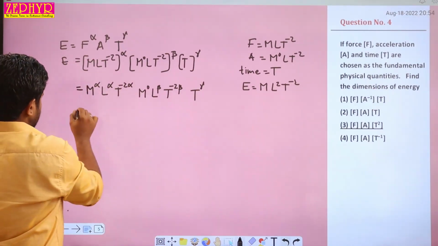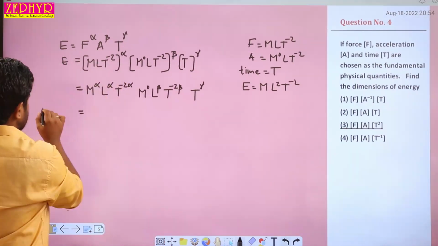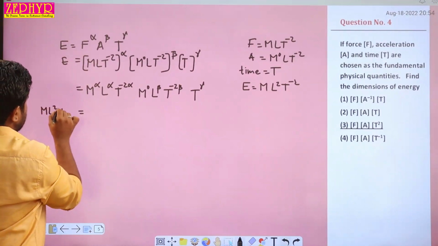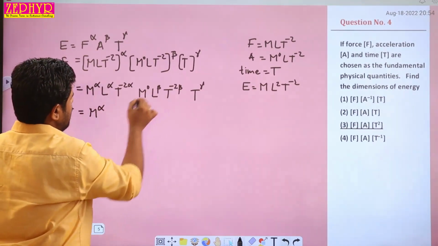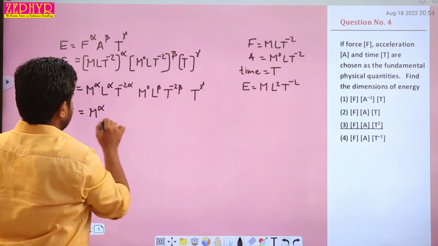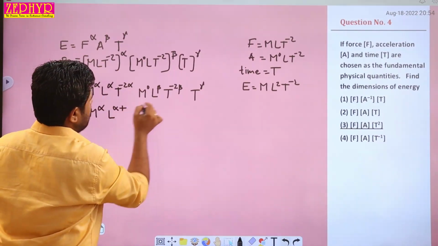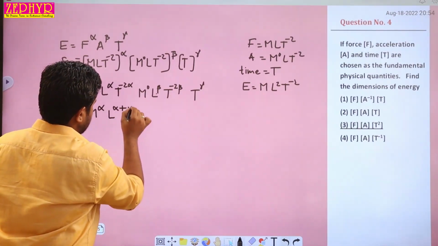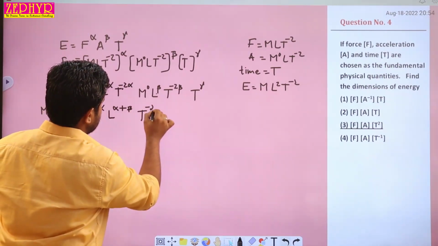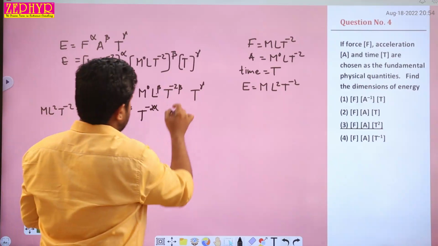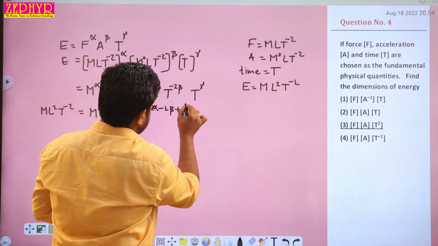Okay, so now, we know the dimension of energy is equal to m L square T raised to minus 2. So m L square T raised to minus 2 is equal to m alpha, and there is no other m, so m alpha, L alpha plus beta, then T raised to minus 2 alpha minus 2 beta plus gamma.